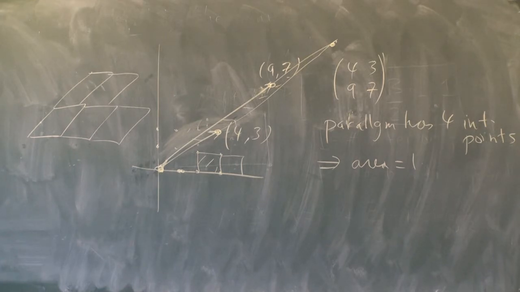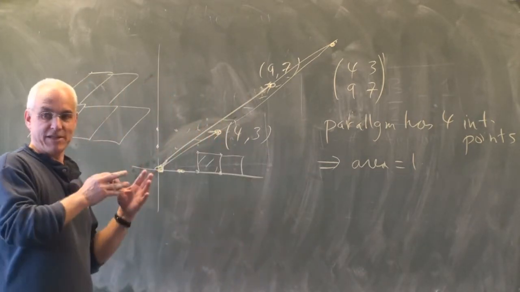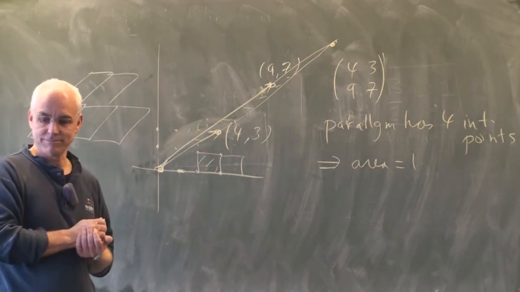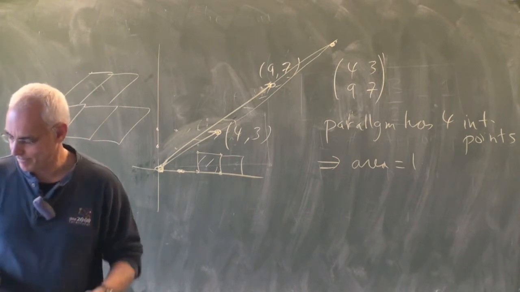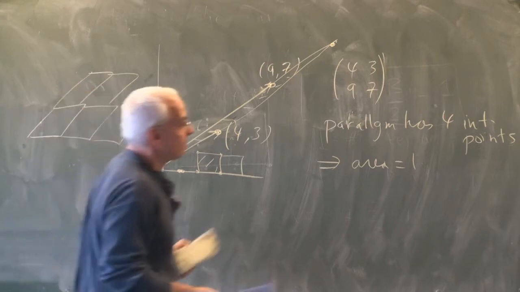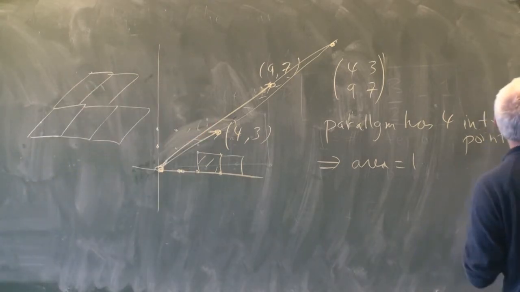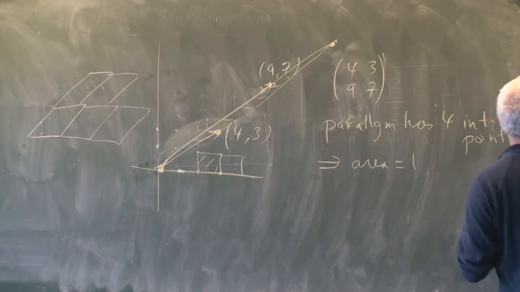The main point is I want to show you how Euler's formula allows us now to get at Pick's theorem, assuming this lemma. Okay, so suppose we have our polygon now. Now this is our proof of Pick's theorem.